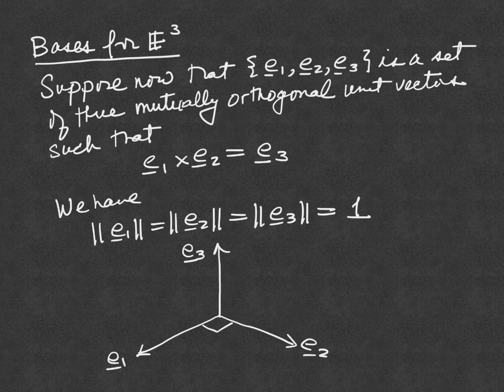The angle between E2 and E3 is also pi over 2, and the angle between E1 and E3 is pi over 2. Now, what we get when we do this is we can now use this construct to be able to express vectors. So this quantity, E1, E2, E3, is what's called a right-handed orthonormal basis.